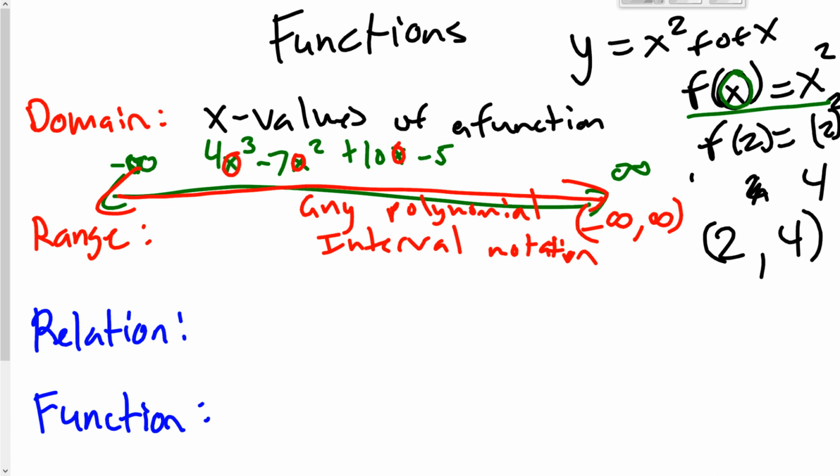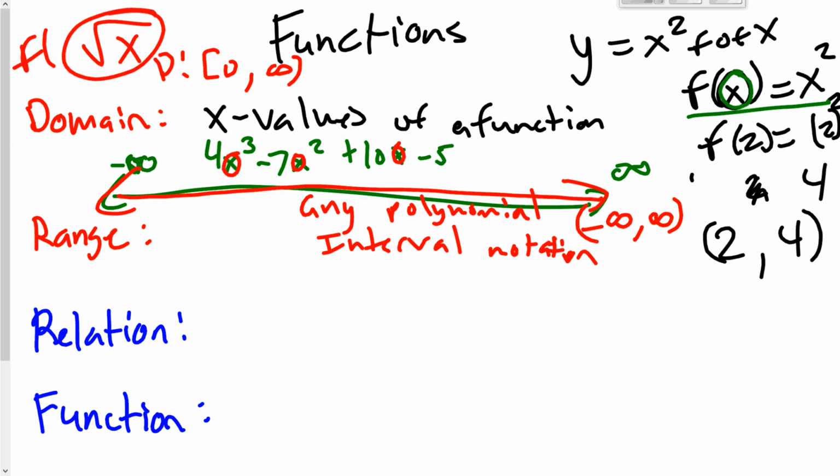The specific ones are like square roots, so the square root of x. X can be everything except for less than 0. So it can be everything but less than 0. So it would be from 0 to infinity. That would be my domain of this function, f of x equals square root of x.